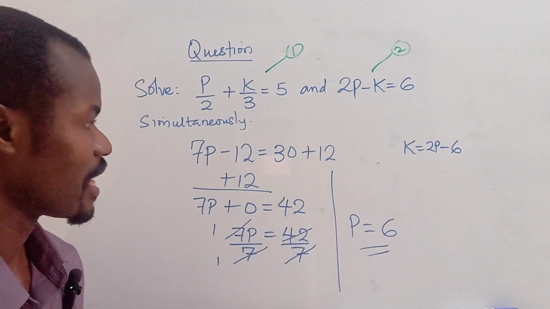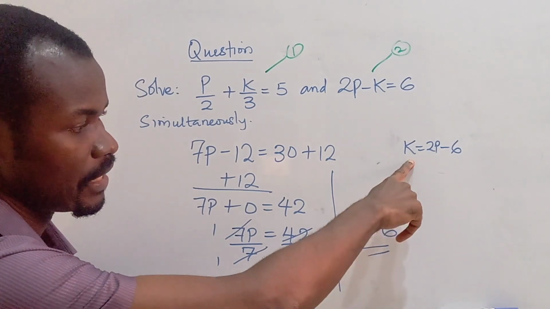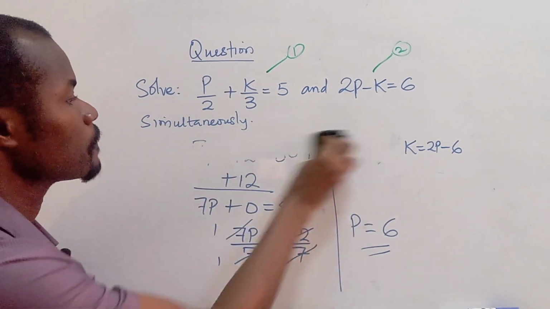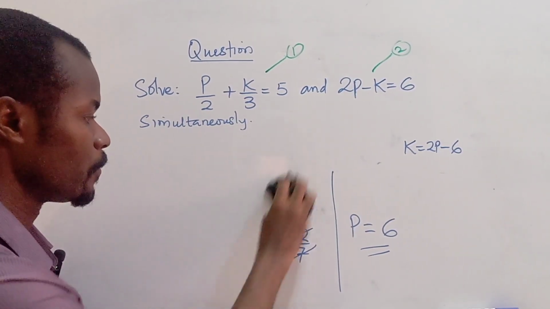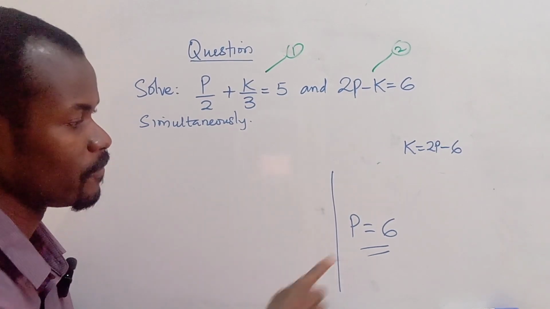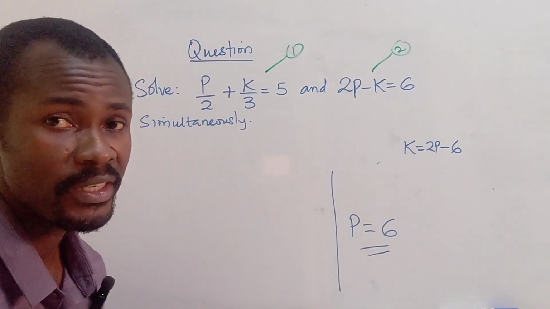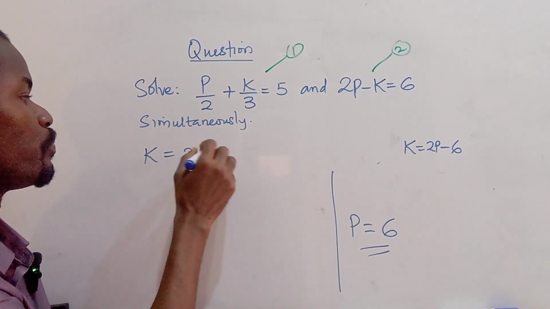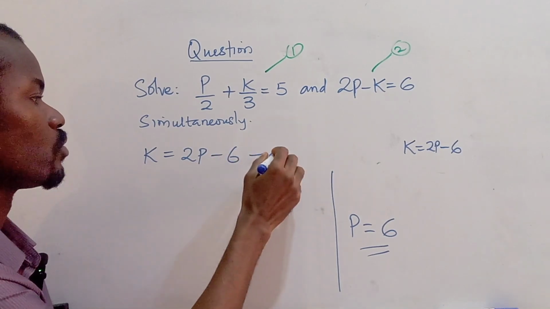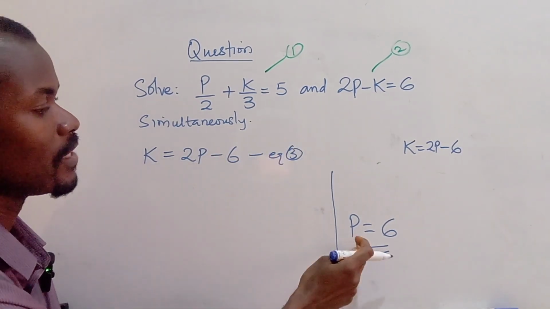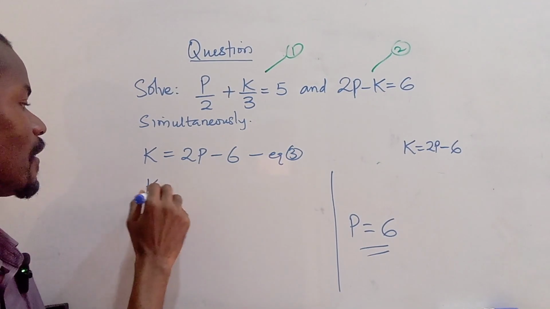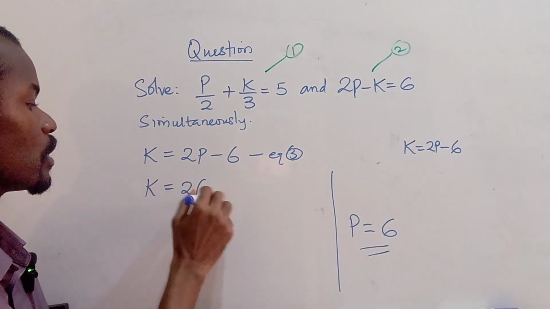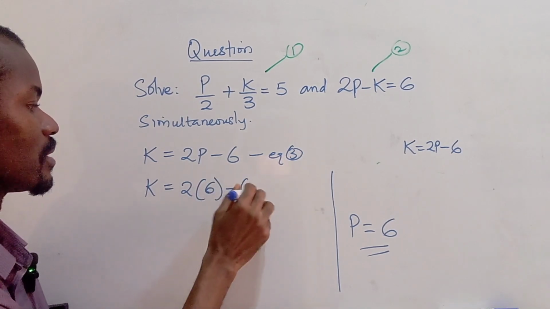Now with that, we can find the value of K. We'll just substitute the value of P into equation 3. Remember, K was equal to 2P minus 6, which was our equation 3. So I have K equals 2 multiplied by 6, minus 6.